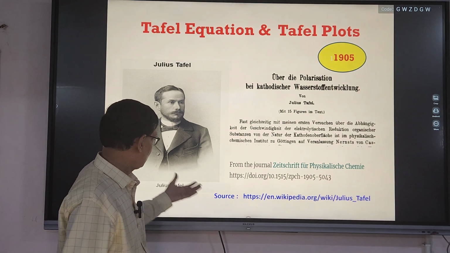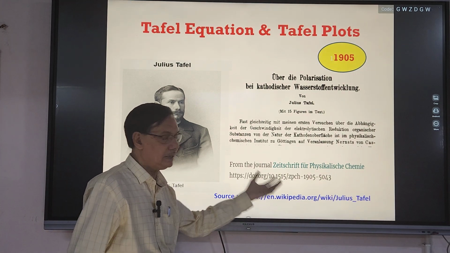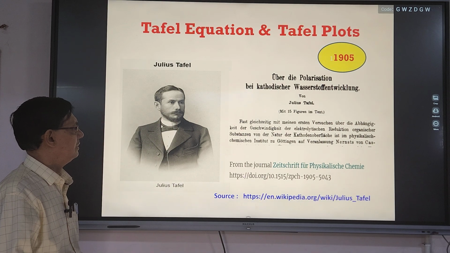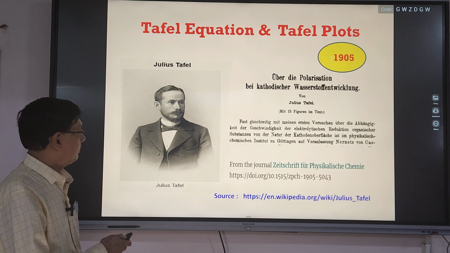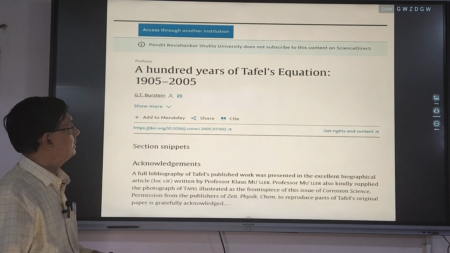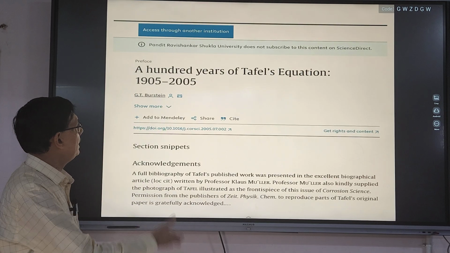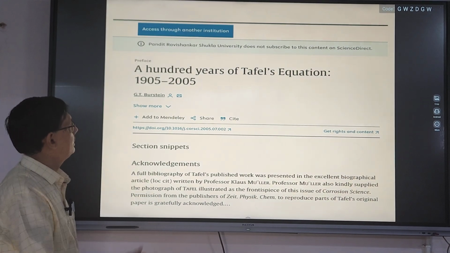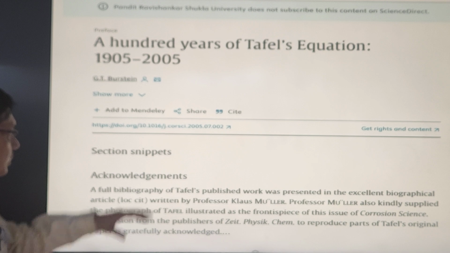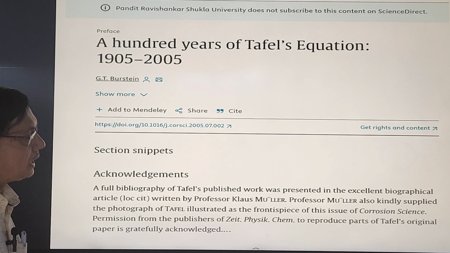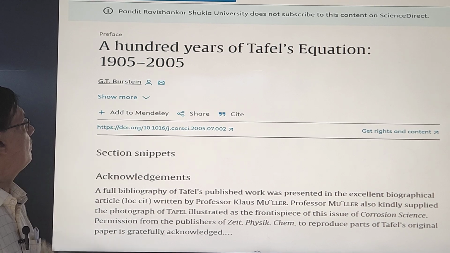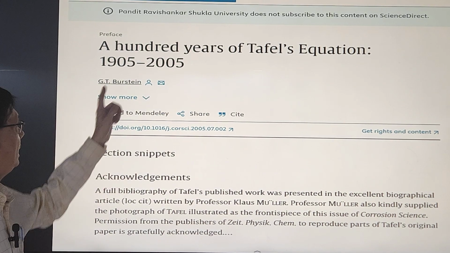I have taken these photographs from Wikipedia. He is Julius Tafel. And in 2005 Professor Bastein published a paper dealing with his monumental work on this Tafel plot. So it is 100 years of the Tafel equation, 1905 to 2005.